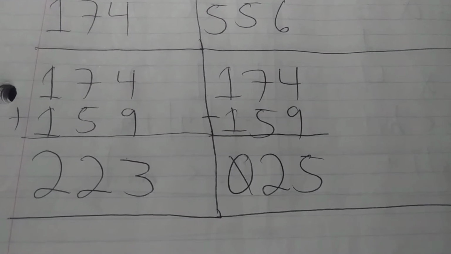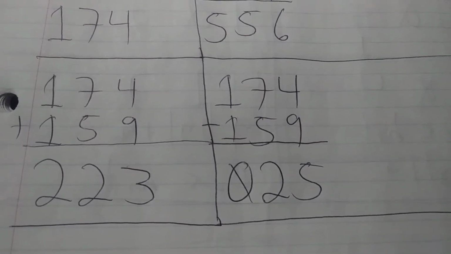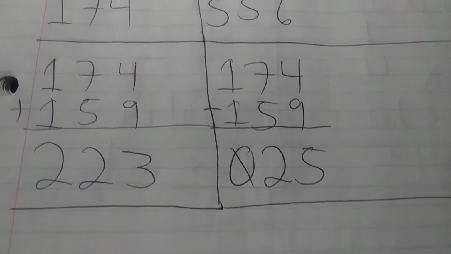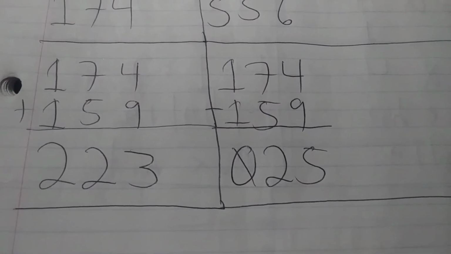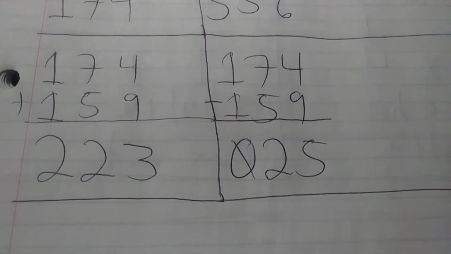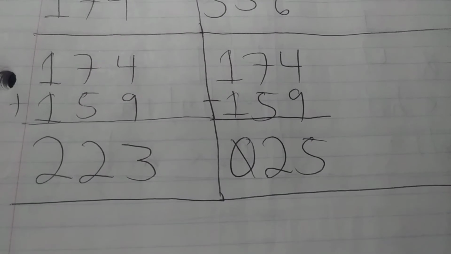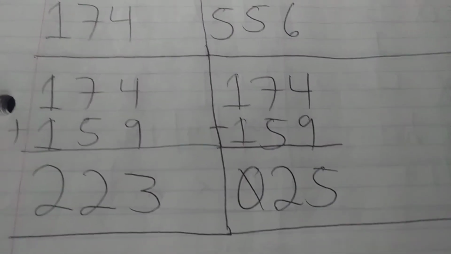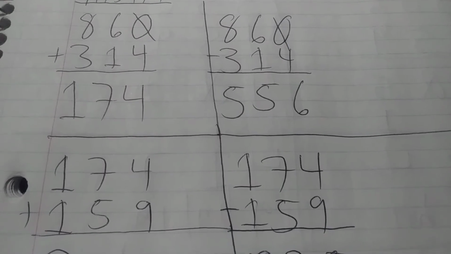When you minus off 159, you have 1 minus 1, which is 0. 7 minus 5, which is 2, and then 14 minus 9, which is 5. Both 223 and 025 did not hit in the next 7 days. On this next page, I will be covering the 556.